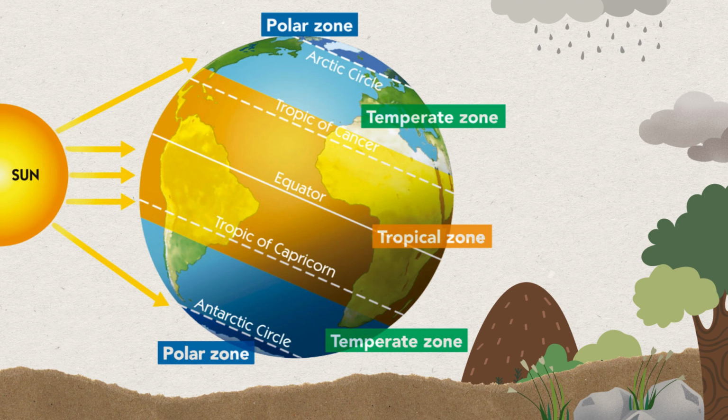On the other hand, if you are going to check the areas that are away from the equator, you'll notice that the sun's rays hit these surfaces at a certain angle. And because of that angle, the heat is distributed over a greater area, therefore producing less intense heat.